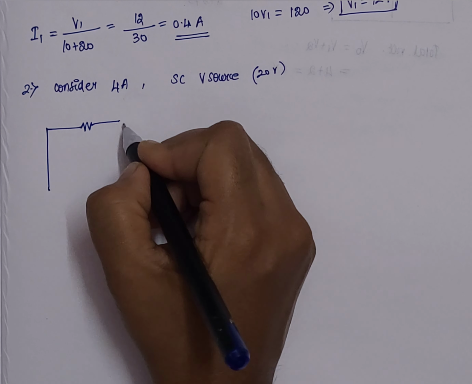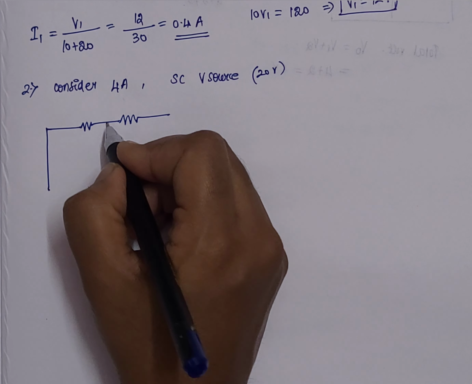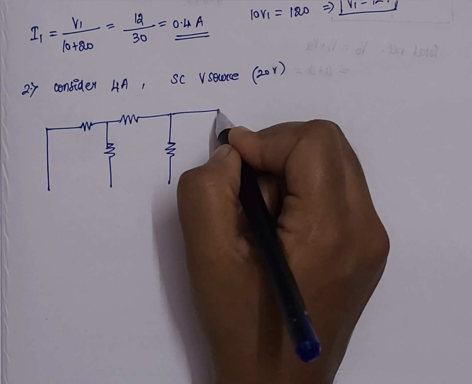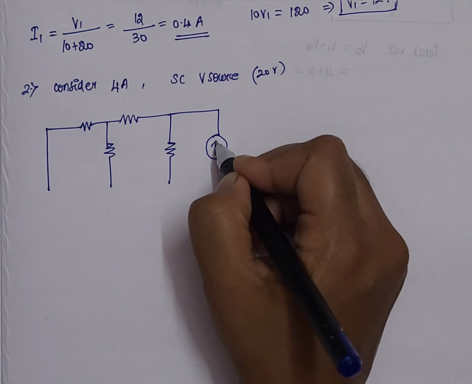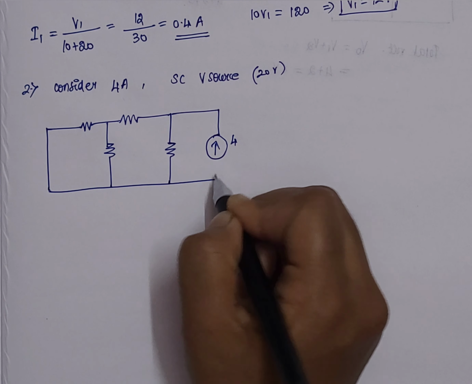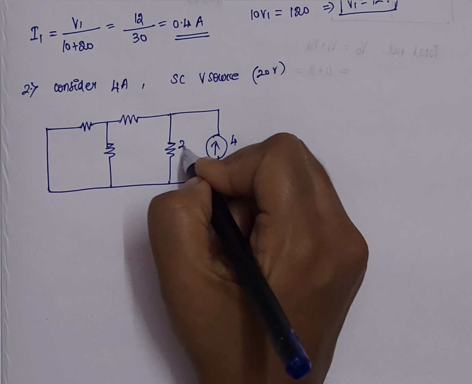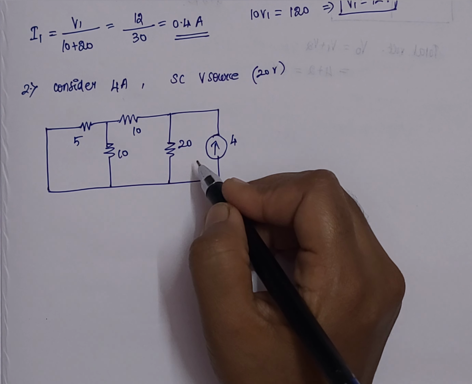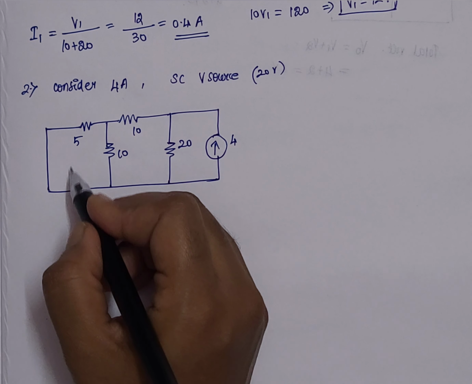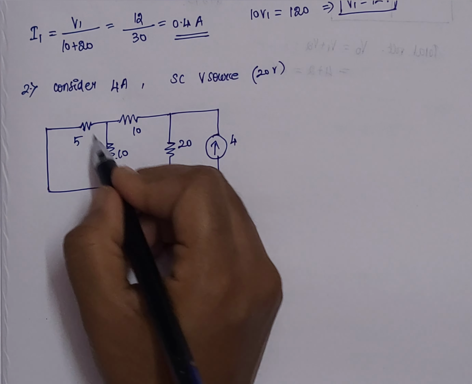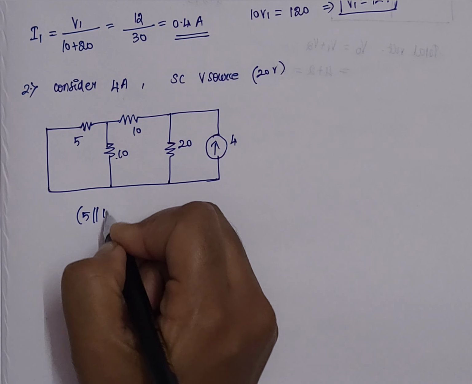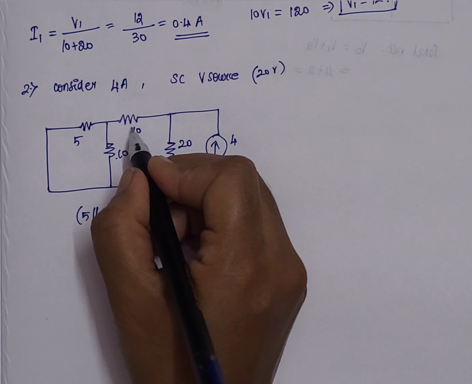We have the same resistors and a current source of 4 amperes. So this will be our minimized circuit. Here we have 5 and 10 as parallel and in series with 10. So 5 parallel with 10, series with the 10 ohms resistor.